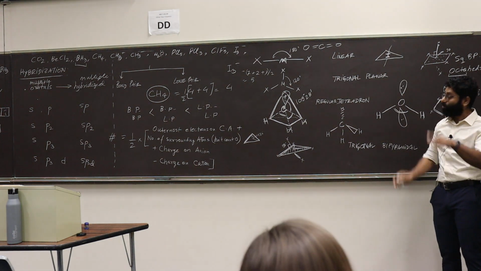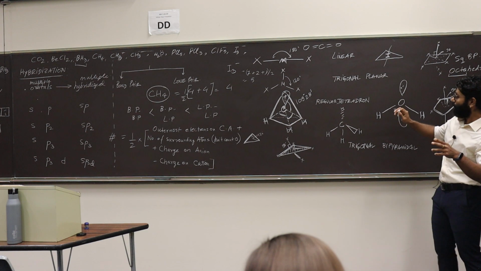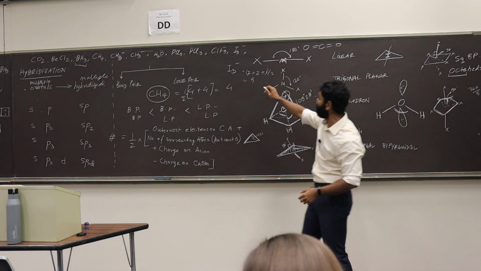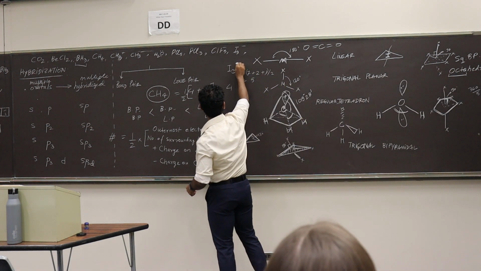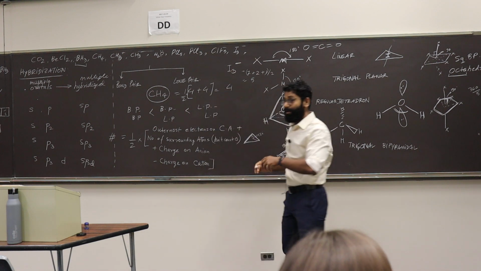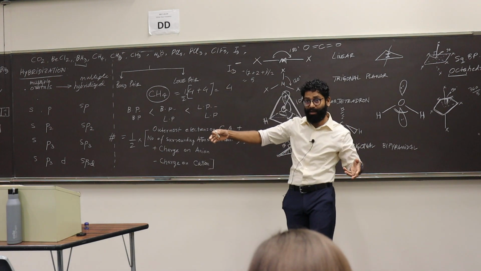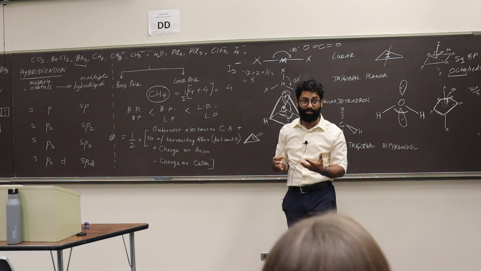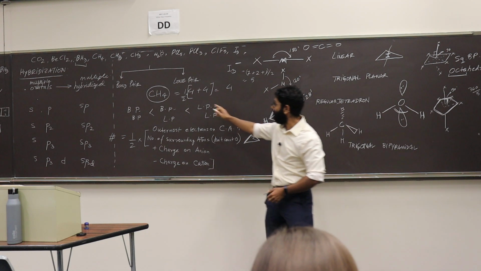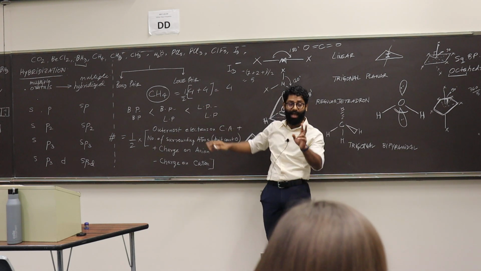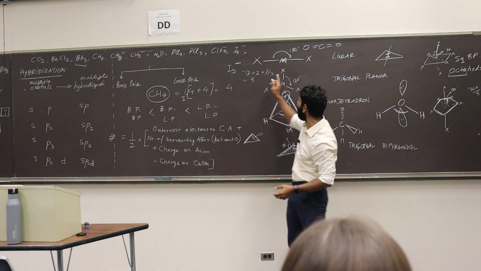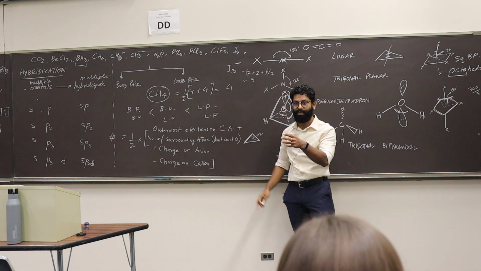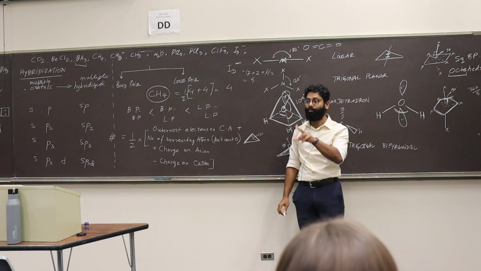Now, the I3 minus has 1 negative. And there are also lone pairs of electrons, and this is like a negative charge, right? So all these are like lone pairs of electrons. And how many bond pairs of electrons are there in this I? Let's think about that. There are 2 bond pairs.